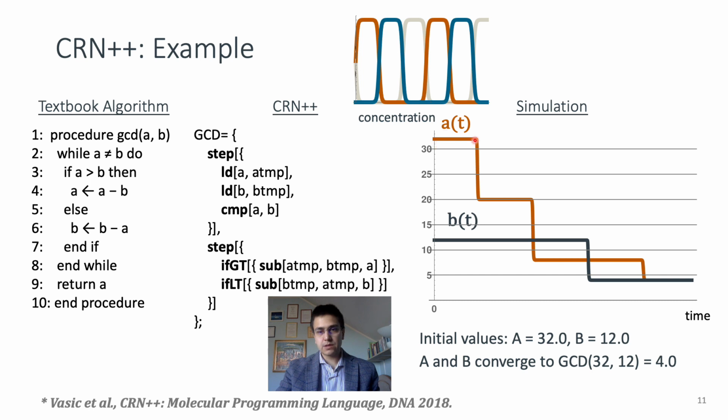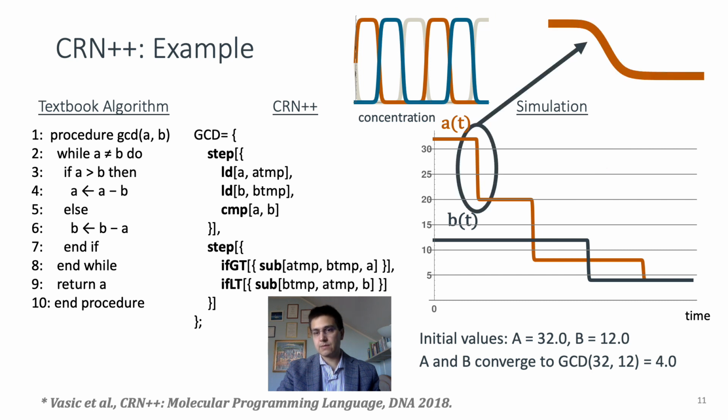So we start with A equal to 32, B equal to 12, and now since B is smaller than A, B is subtracted from A, and we get A to be 20, B 12, and this process is repeated until they both become equal to 4, which is equal to the GCD. The changes happen on certain phases of the oscillator, and this is a continuous curve, just to stress here.